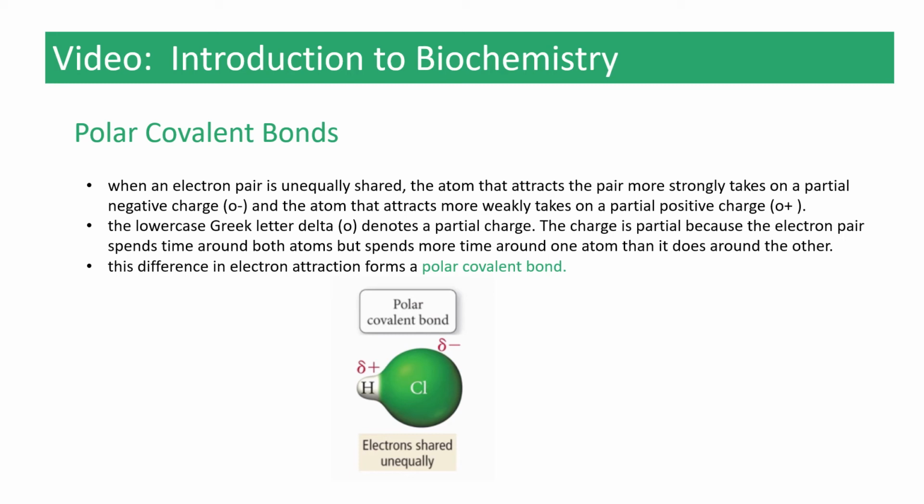The lowercase letter delta denotes a partial charge. The charge is partial because the electron pair spends time around both atoms, but spends more time around one atom than the other. The difference in electron attraction forms a polar covalent bond.